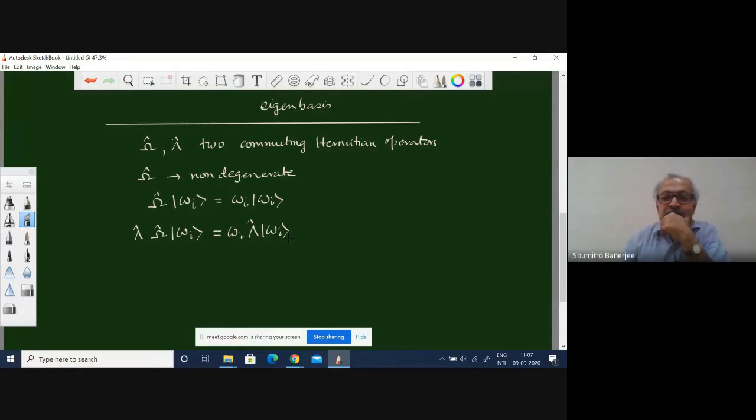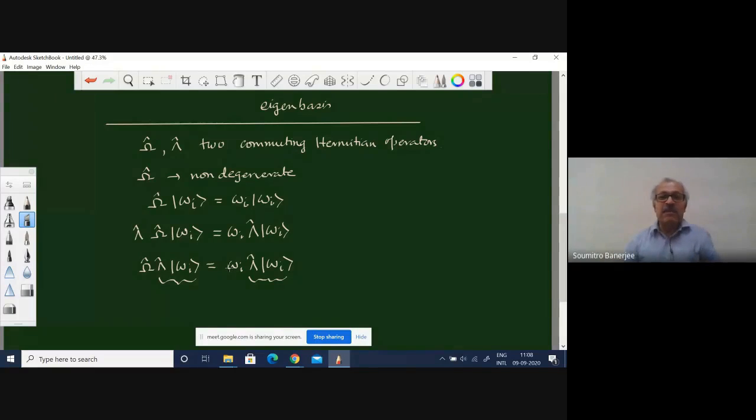Okay, so it immediately implies, since these two commute, I can write this one first and this one then, is equal to... now notice I have this whole thing here, and this whole thing is an eigenvector of omega with omega I as the eigenvalue.